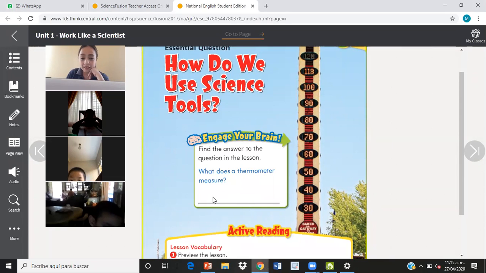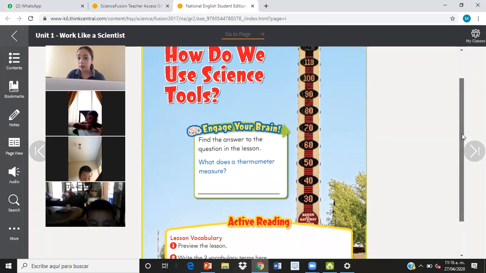So here on this line, you will write the word temperature. A thermometer is used to measure temperature. How do we write the word temperature? Temperature, okay? A thermometer is used to measure temperature.